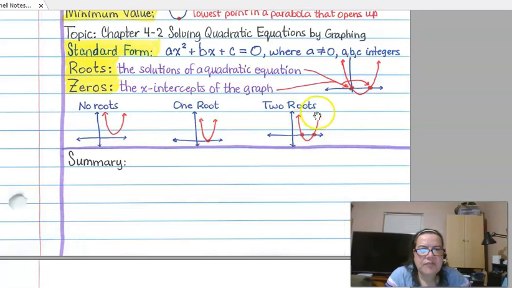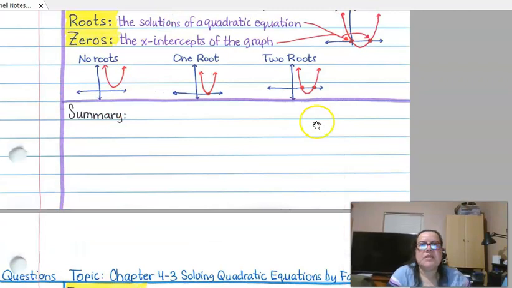And if you do have two roots, you'll see that the parabola will cross the x-axis at two different places. So note that if they ask you how many roots, there are 3 different answers you could probably give when you're doing these types of questions.